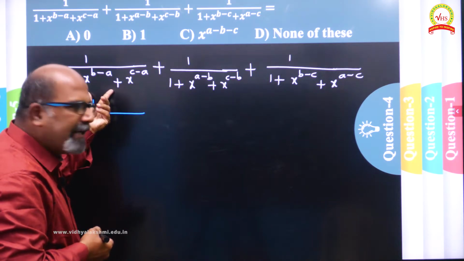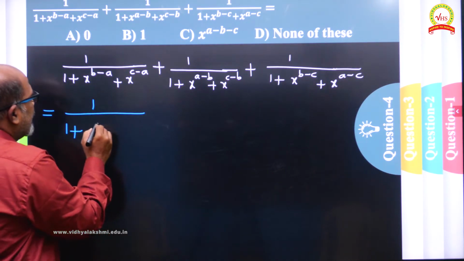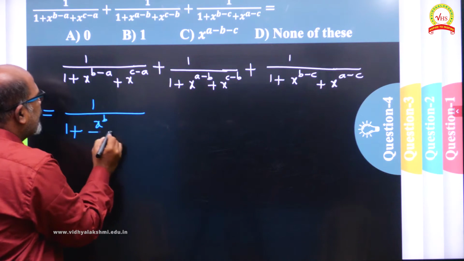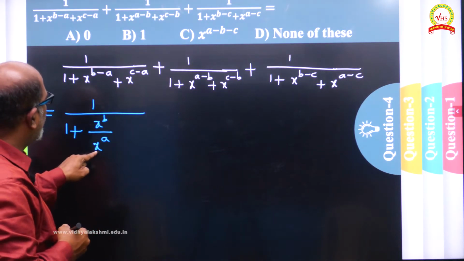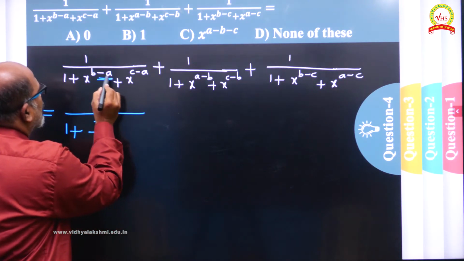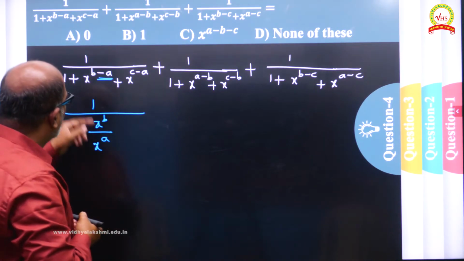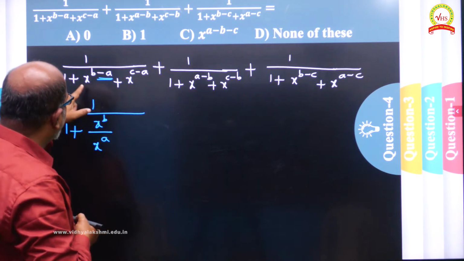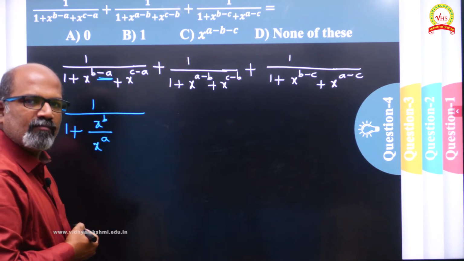This x power b minus a, we can write like x power b divided by x power a. Why divided by x power a? We are having negative a there, that is we are having minus a. So by the rule of negative exponent, we can express this in the form of x to the power of a in the denominator in division.